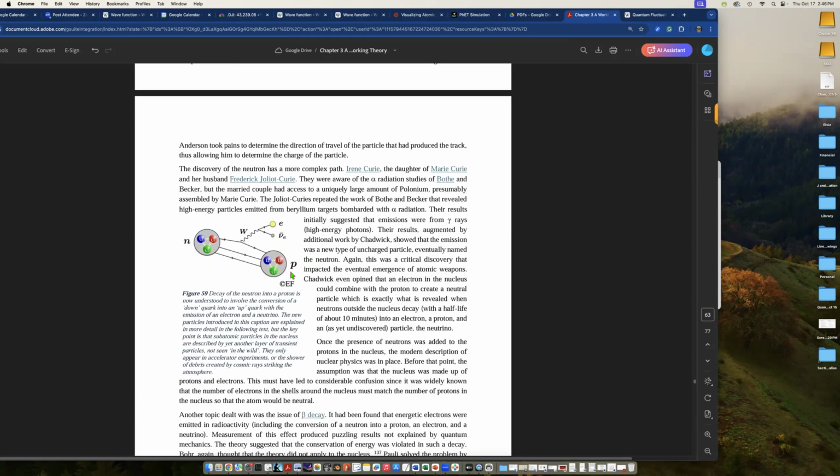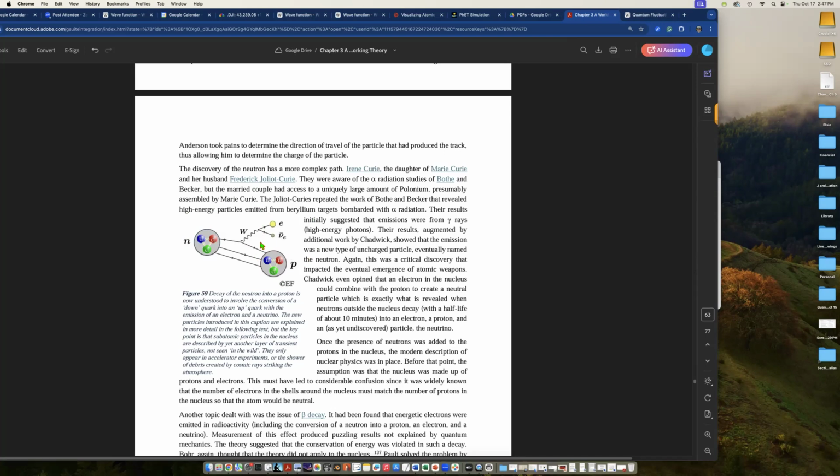And it turns out the proton, as far as we know, is stable for longer than the life of the universe. But all these dynamics of the subatomic particles and how they interact in the nucleus of particularly heavier elements like uranium, plutonium, and so forth, really became understood starting in the 1930s.